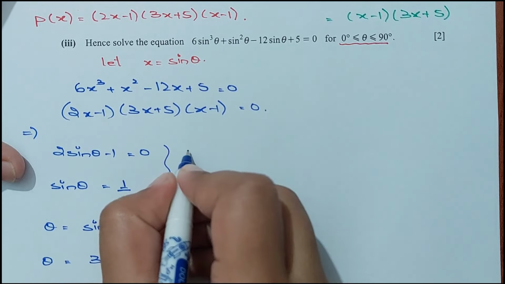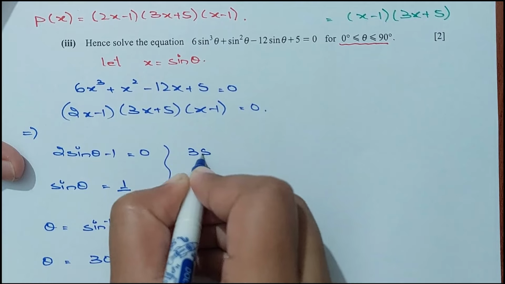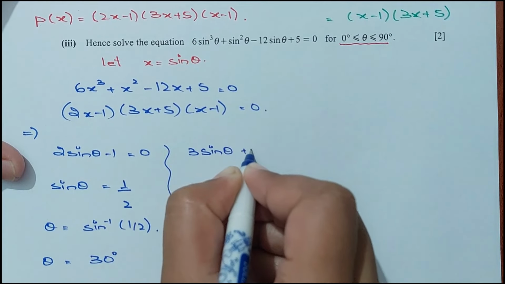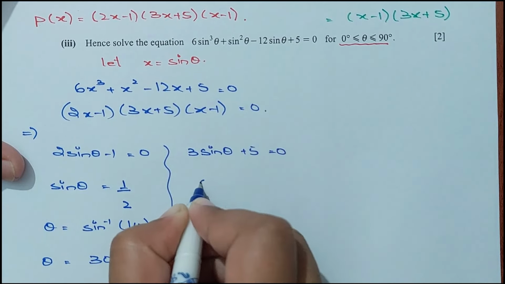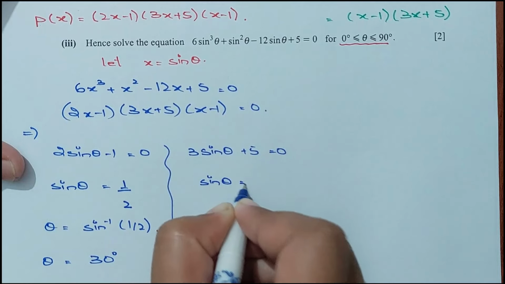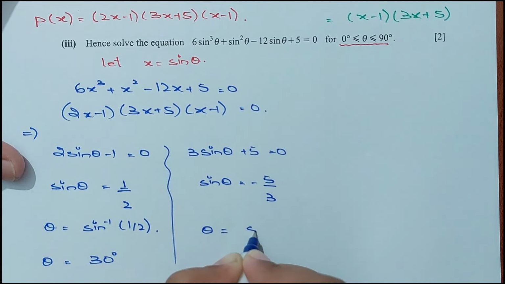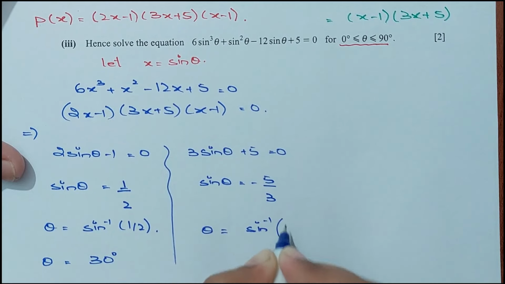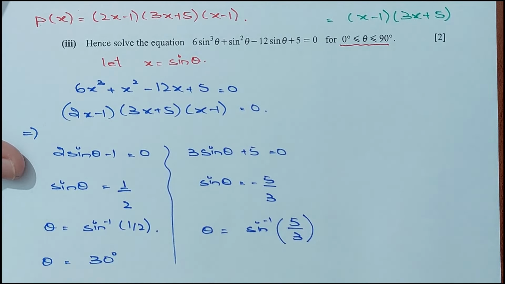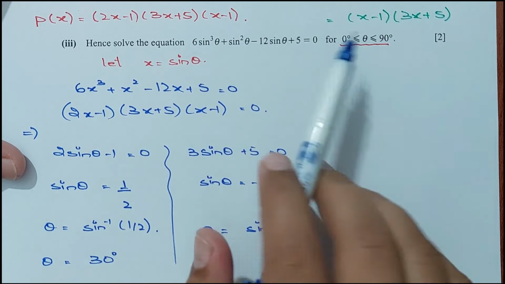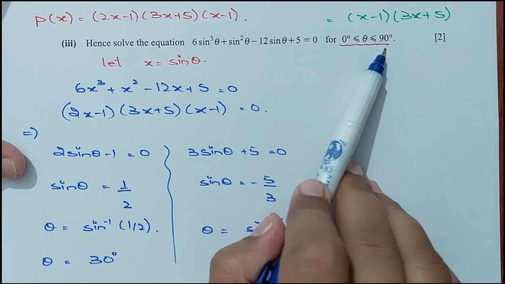The next one I'm going to do is 3 sine theta plus 5 equals 0. So from here, sine theta is negative 5 over 3. Let me solve for the positive. We are not getting any solution from this equation, because sine is positive in the first and second quadrants, and 0 to 90 degrees is just the first quadrant.